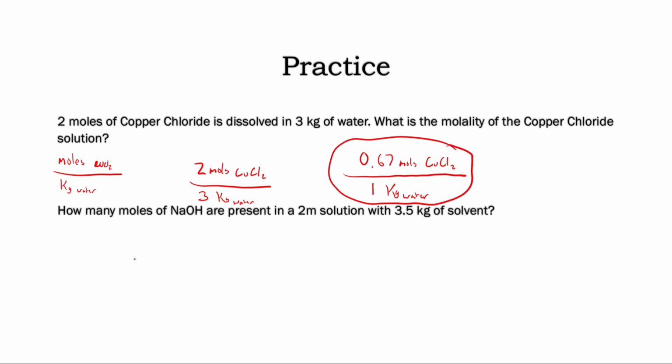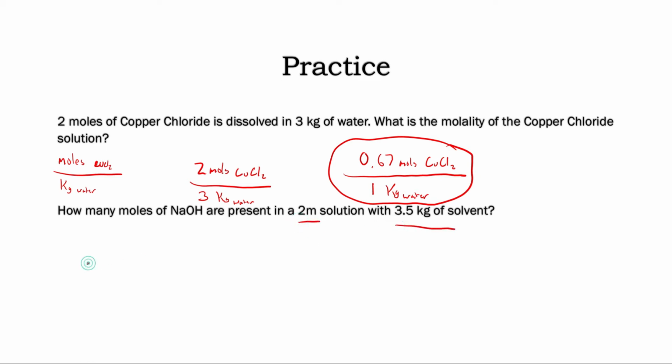The second one asks how many moles of sodium hydroxide, NaOH, are present in a 2 molality solution with 3.5 kilograms of solvent. So it's a little bit tough to find the wording of that, but this is the molality. This is how much solvent you have.